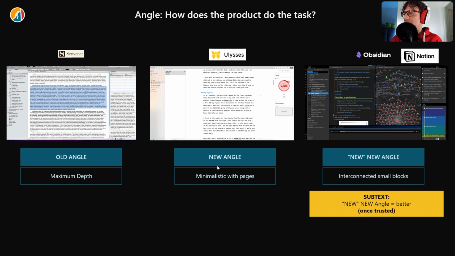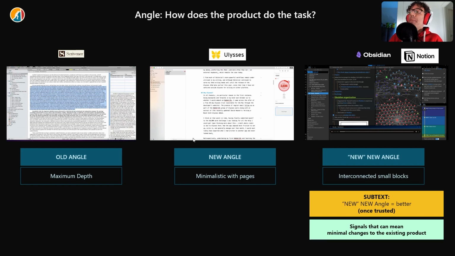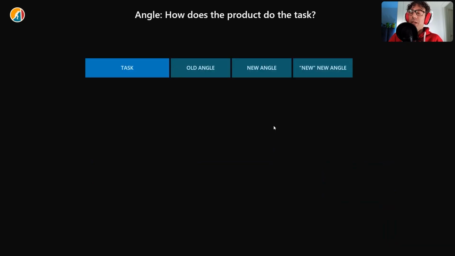And now you are thinking, yeah, that's great, but we were talking about how to get that without changing the product. And if you are Ulysses, I don't want to change everything and make everything a small block right now. So what do we do? Remember Loom? Because Loom was trying to solve a task, that is UX customer feedback, where the old angle is just get in front of people.